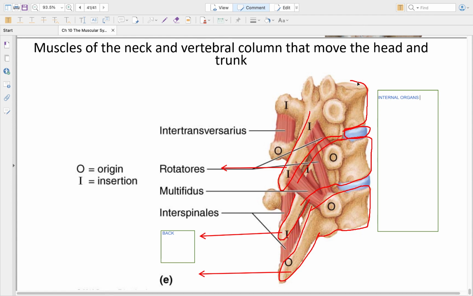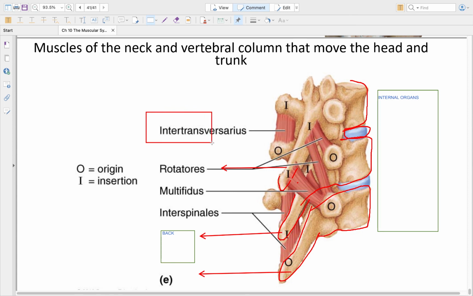This looks like the lumbar spine to me, but either way, let's take a look here. I'm not going to go through the individual muscles, but actually I'm going to go through a couple of these muscles. There's a lot, but I want you to know the main ones that are important, such as this one.